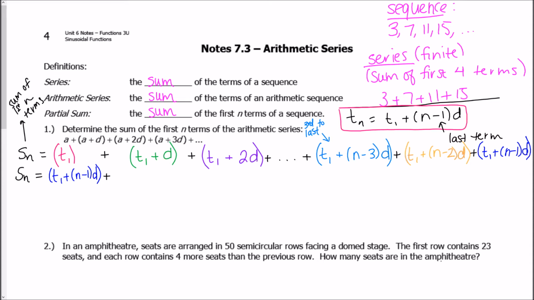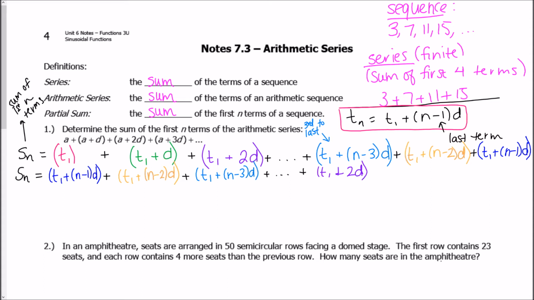plus, then I'm going to take the second to last term, which is t sub 1 plus n minus 2 times d, plus, then I'm going to take the third to last term, which is this one right here, t sub 1 plus n minus 3 times d, plus dot, dot, dot, because it's going to keep on going, plus, now, if I'm working backwards, I'm on my purple term right here, so this is going to be t sub 1 plus 2d.